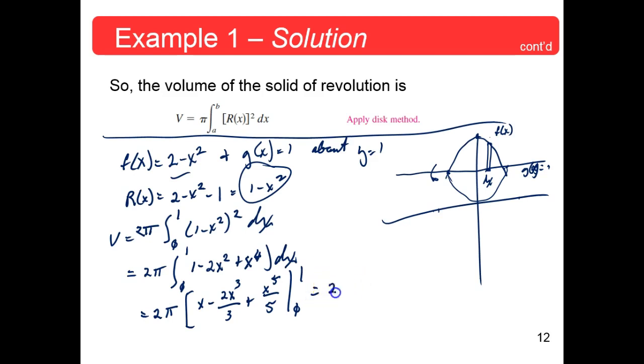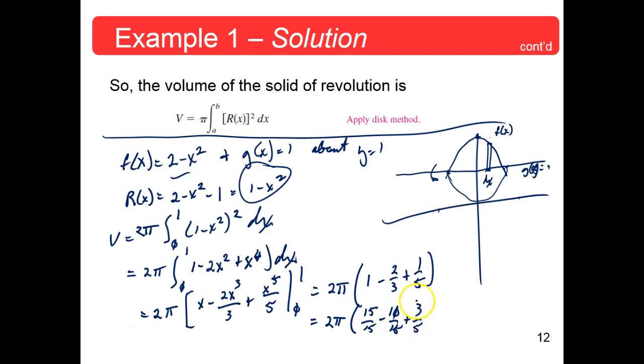So that's going to be 2 pi times, plugging in the 1, what do we get? 1 minus 2/3 plus 1 over 5, and guess what? I can do the zeros, 0. That's it. So this will be 2 pi times, let's get least common denominator of 15. It'd be 15 fifteenths minus 10 fifteenths plus 3 fifteenths.